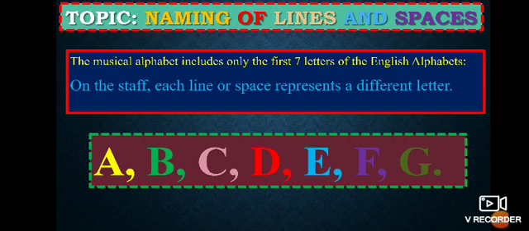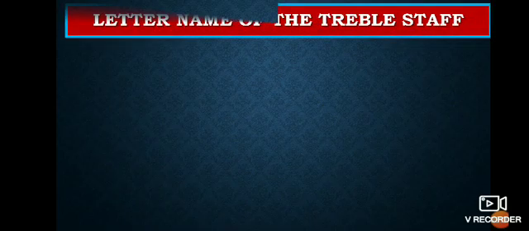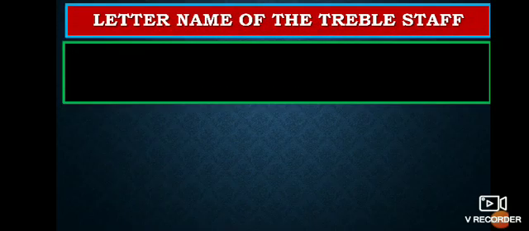The first 7 letters that we are using are A, B, C, D, E, F, and G. When you get to G, you go back to A. Nothing like I, neither J or K. That is the first 7 English alphabet letters that we are using in music.